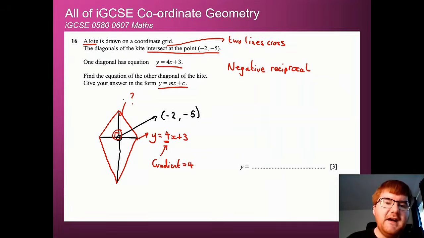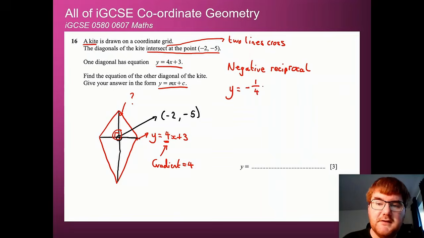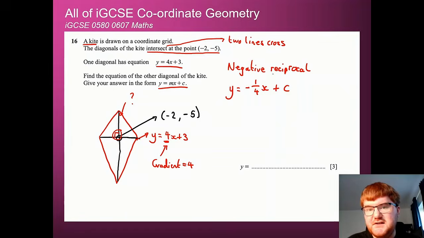So if we want to find the steepness of this line here, knowing that it's perpendicular, i.e. a right angle to the previous line, then we know that at least the first part of this equation will be equal to y equals -1/4 x, and then plus some y-intercept constant c.